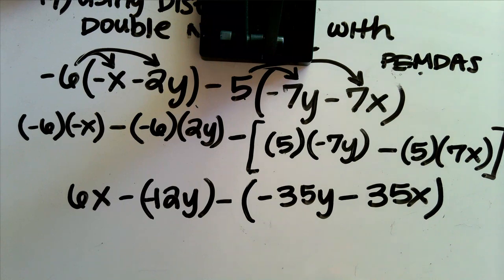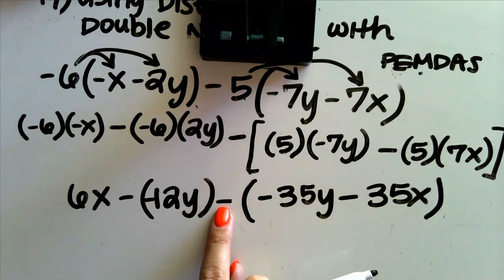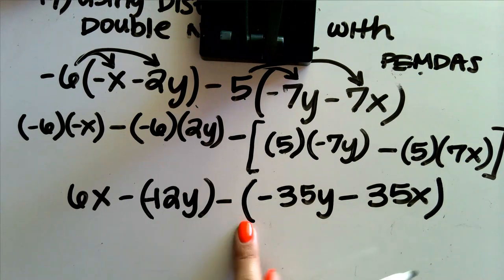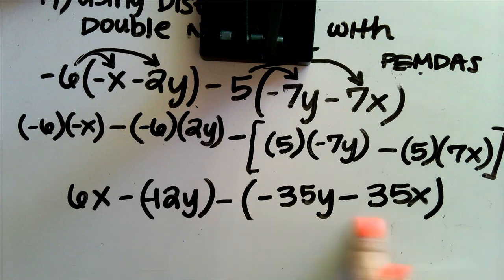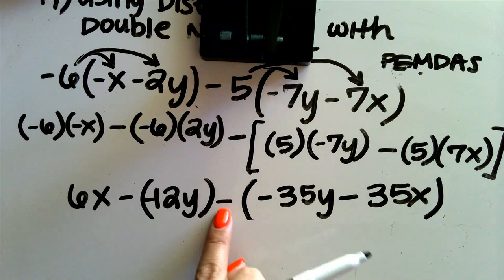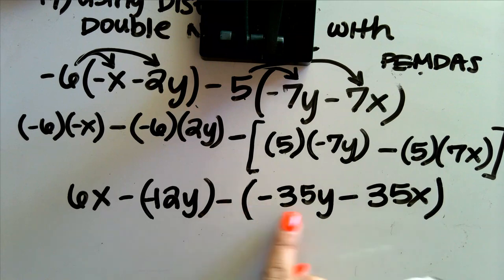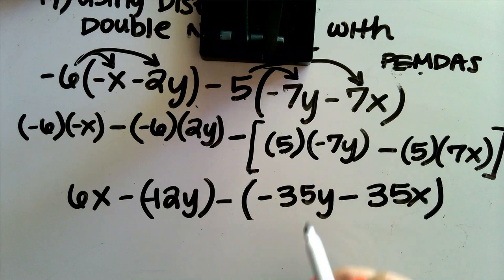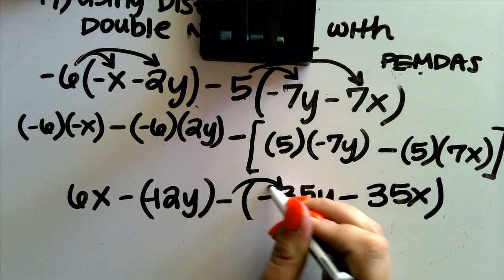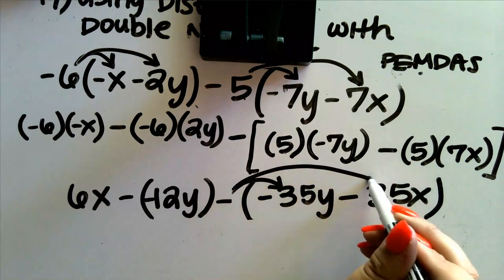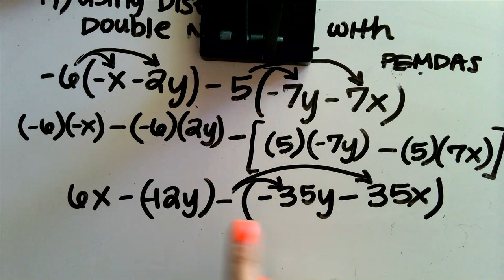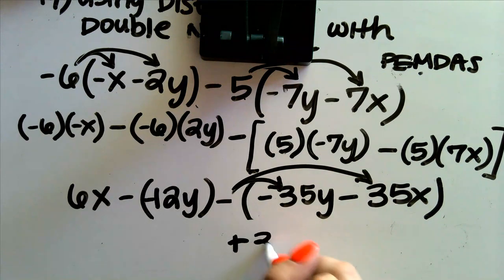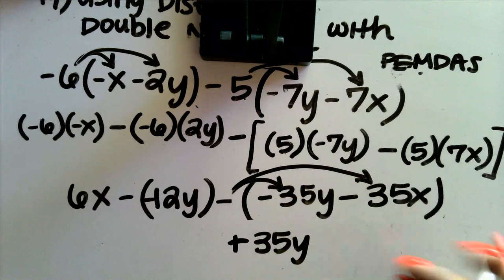Same thing. What I want you guys to see here is that we have a negative sitting in front of this big expression in the parentheses. This negative is going to apply to each of these. We're essentially doing almost another distribution. We're distributing this negative in to both terms. Negative times a negative becomes a positive 35y.